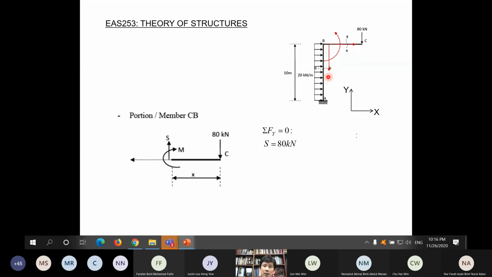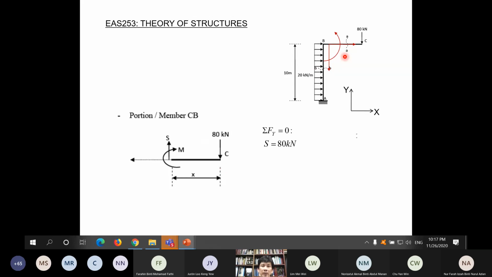Now, I indicate here the positive sign convention. This positive sign convention is applicable if you cut here, then you use this part here. That is the sign convention. But now, when you cut, we don't use the free body diagram to the left-hand side of the cut. We use the right-hand side of the cut because it's easier.